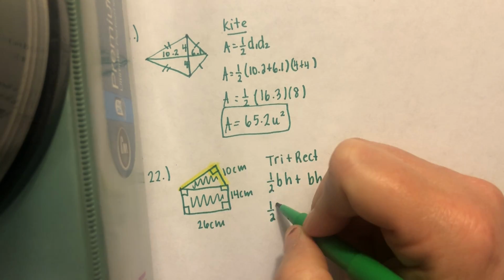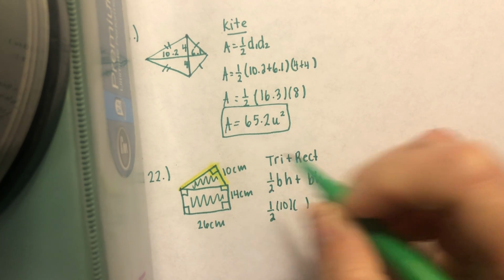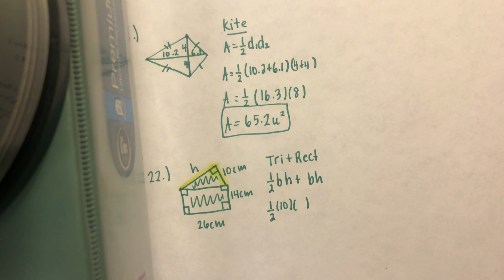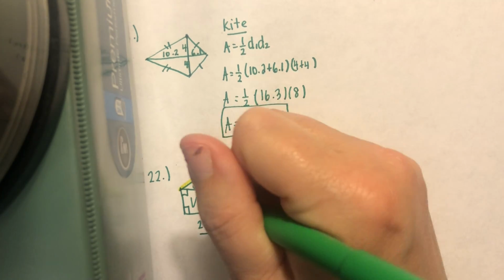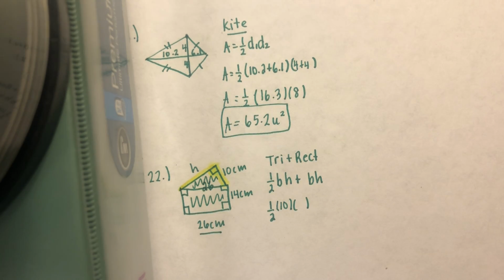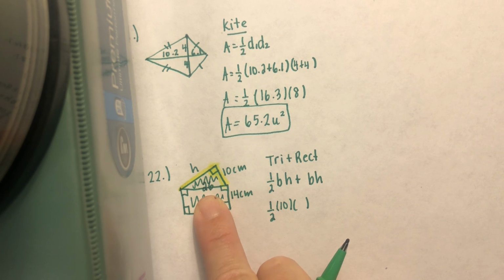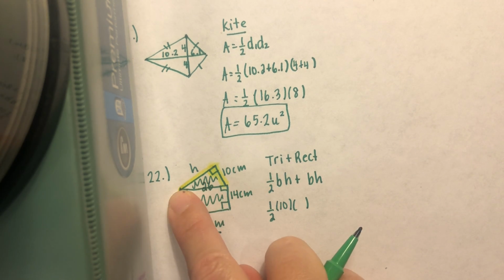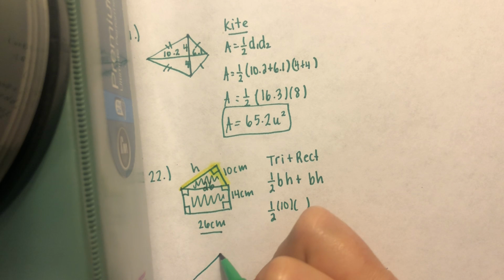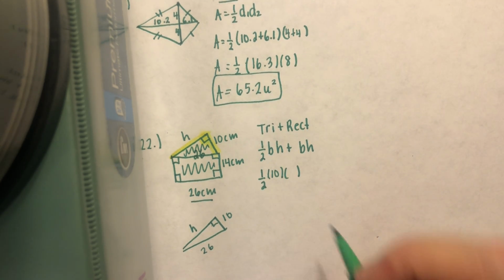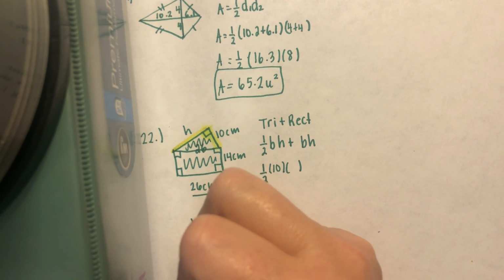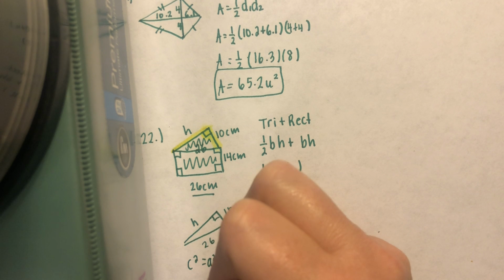So my base is actually 10, but I don't know this. I don't have that number, okay? So that's where I have to use the rectangle. If this side is 26, then I know this hypotenuse up here of that right triangle is 26. So this is a right triangle. How do we find the missing side length of any right triangle? So it'd be like this. This is 10, this is 26, that's my H. So obviously you can do C squared equals A squared plus B squared.